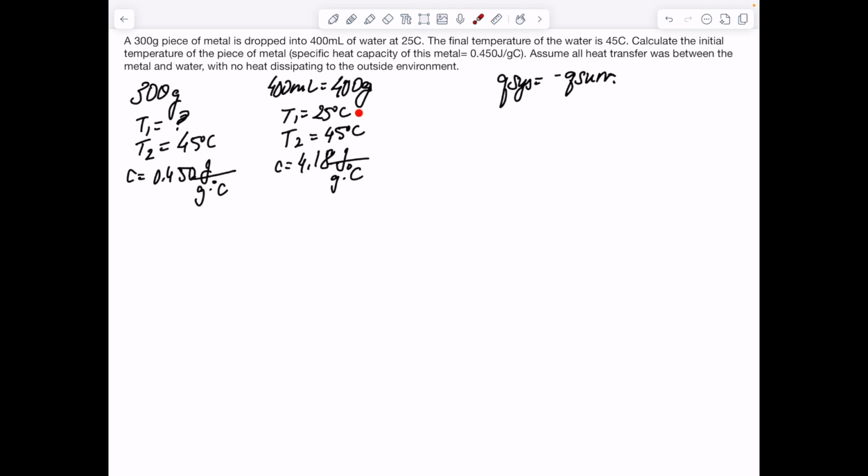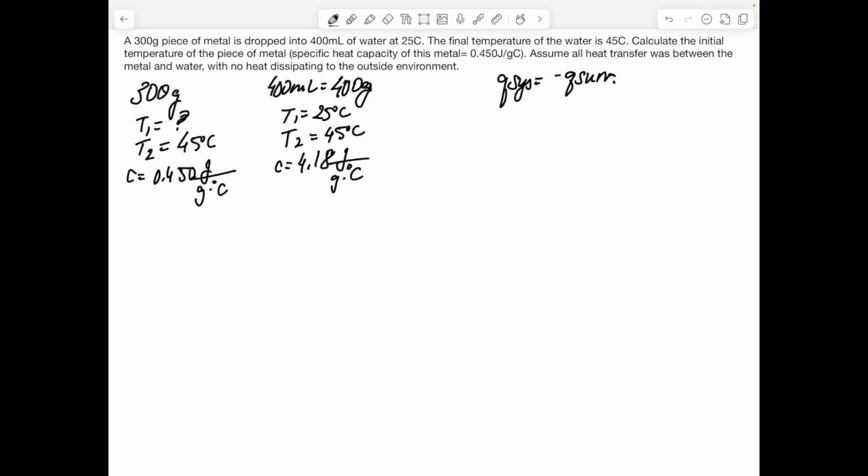You can see we started at 25 degrees Celsius, the water, and it went up to 45 degrees Celsius, the full thing, the water plus the metal. So the water had absorbed some of that heat from the metal that was dropped into it. And so this is a Q system equals negative Q surroundings type of question.